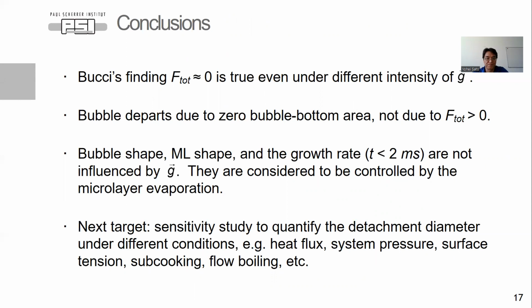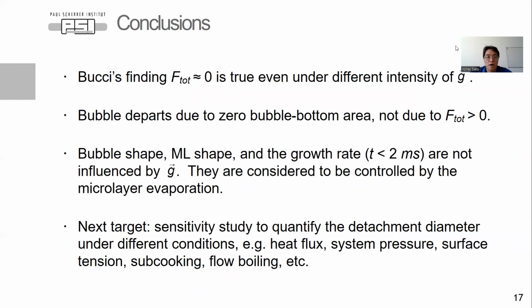So, conclusions. Butch's finding that F equals 0 is true even under different intensities of gravity. And the bubble departs due to zero bubble bottom area. That means the neck area of the bubble becomes zero.